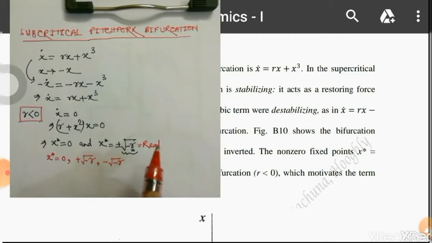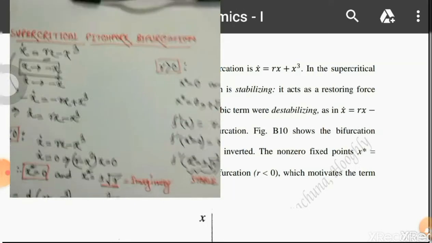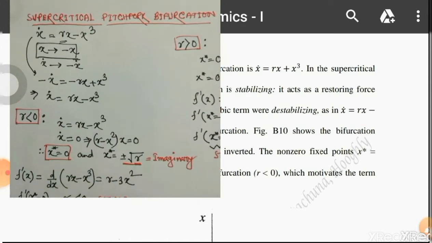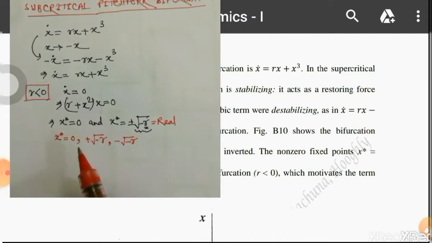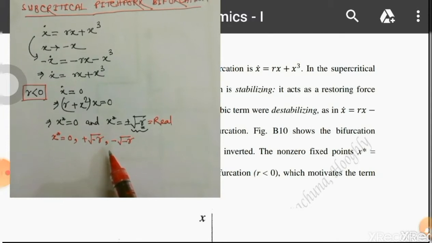Thus, for supercritical bifurcation, for r less than 0, we have only one fixed point, but for subcritical bifurcation there are three fixed points.